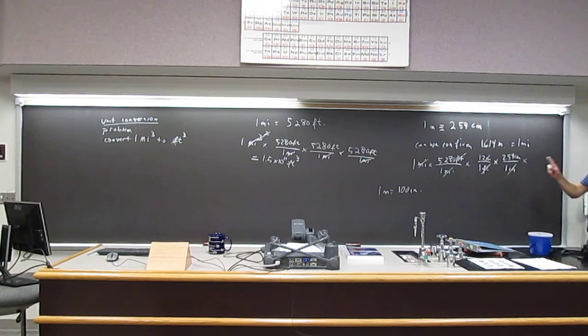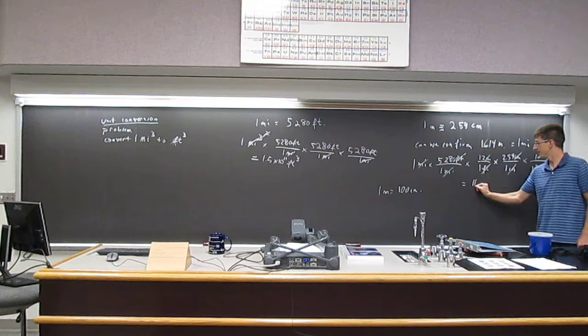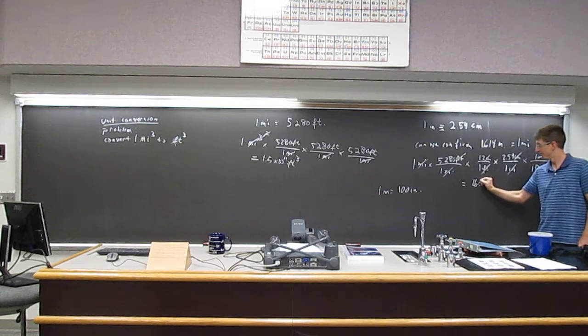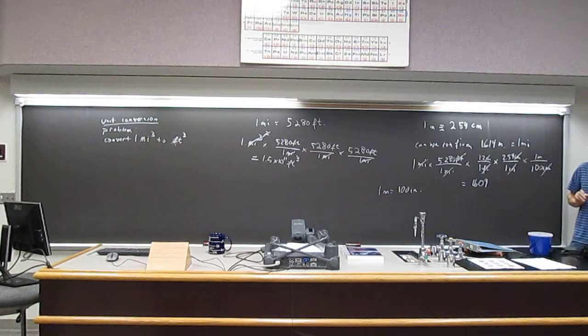So, okay, what will we do here? 1 meter over 100 centimeters, like that. Okay, centimeters would cancel. And if you multiplied all of that out, what would you get? 1,609. That's what I got.